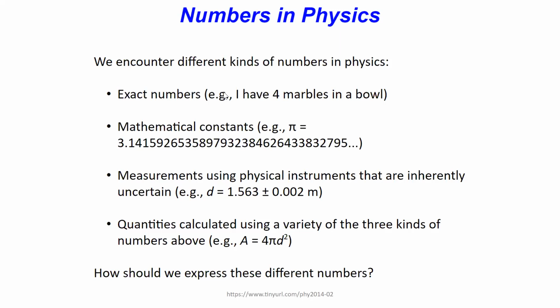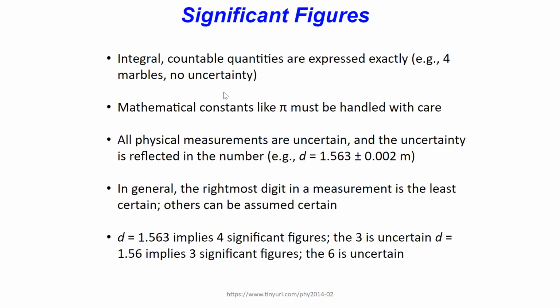All right. Now the question comes, how many digits do we keep? Or how do we write these different numbers? Okay, so for exact numbers, integers, you just put the integer numbers. So for example, for marbles, there's no uncertainty there. Mathematical numbers depend on the other numbers involved in a particular problem.